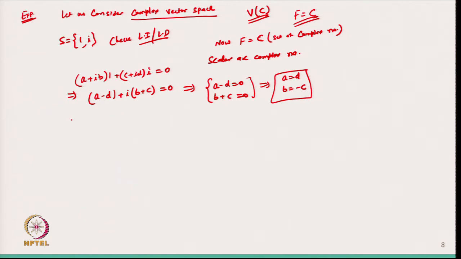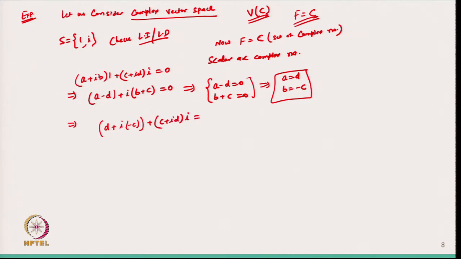Now, from here I can write this as: a is d, so I can write d plus ib, with b equal to minus c, plus c plus id times i.